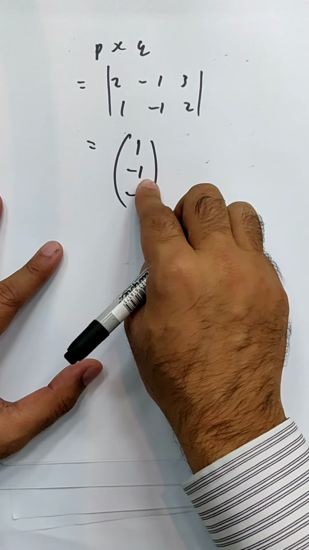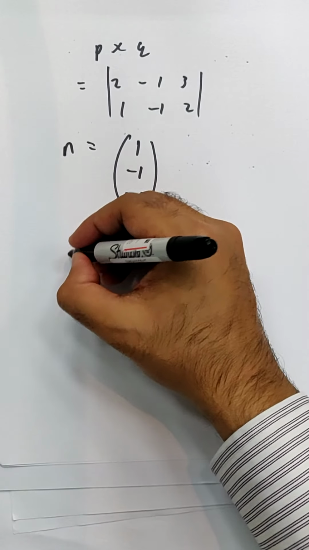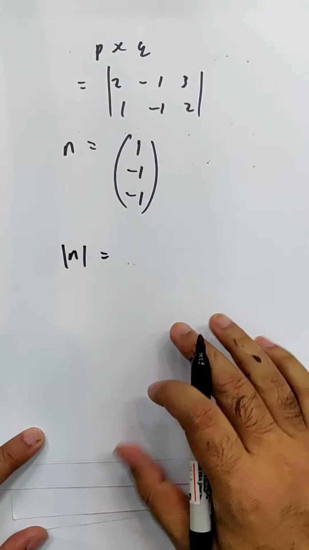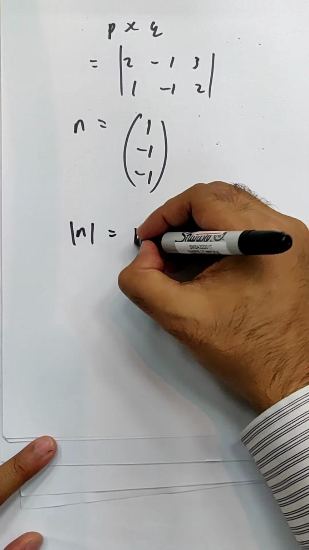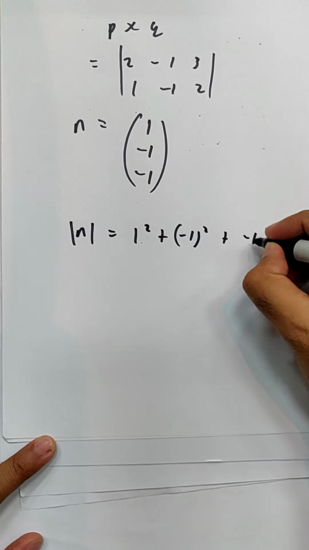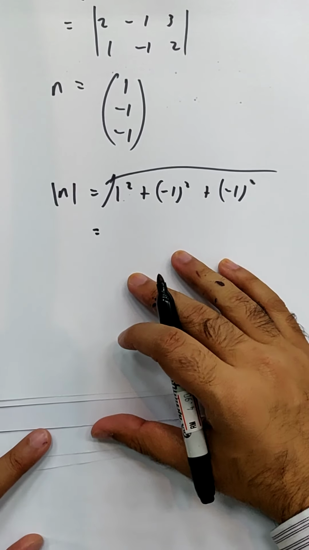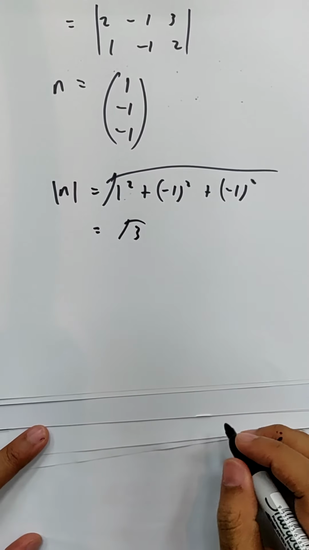So P cross Q you got here is the normal. What about n modulus? What about the magnitude? 1 squared plus negative 1 squared plus negative 1 squared, square root. So we get ourselves square root 3.